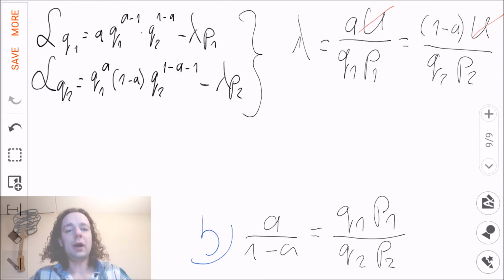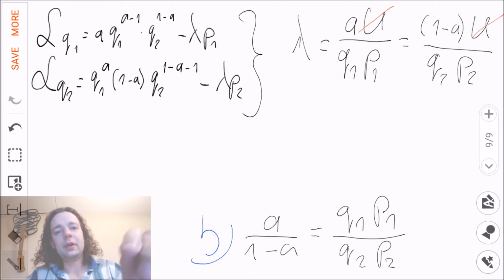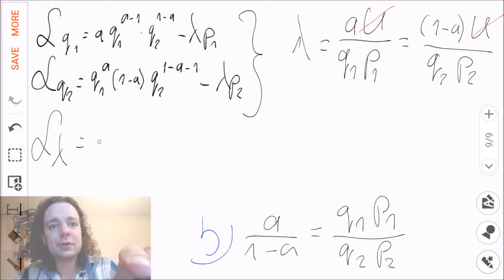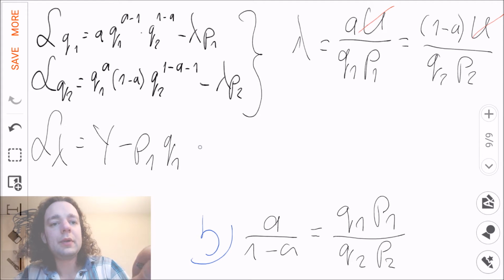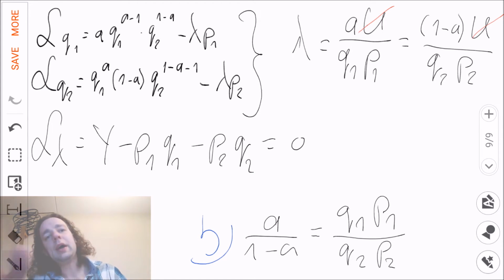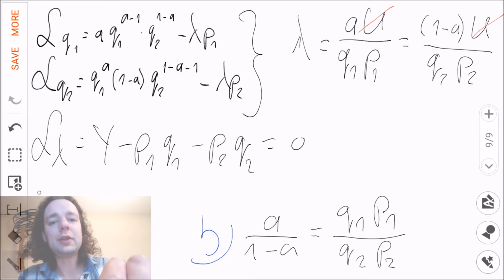Okay, so how do we continue? We have this third condition of the first order conditions, namely that our budget, Y minus P1 Q1 minus P2 Q2, is also 0, and we have to use all three formulas to get to the most efficient outcome, right?